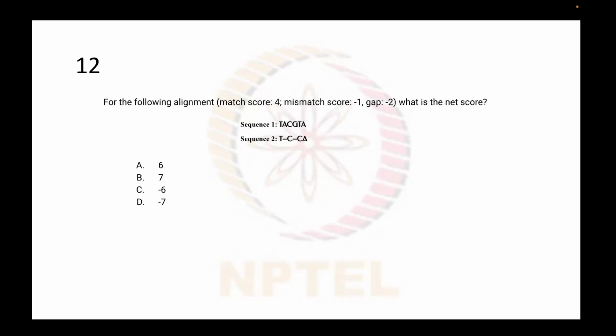So in this alignment the match score is 4, gap score is -2, so I'll wait for a minute for others to solve.